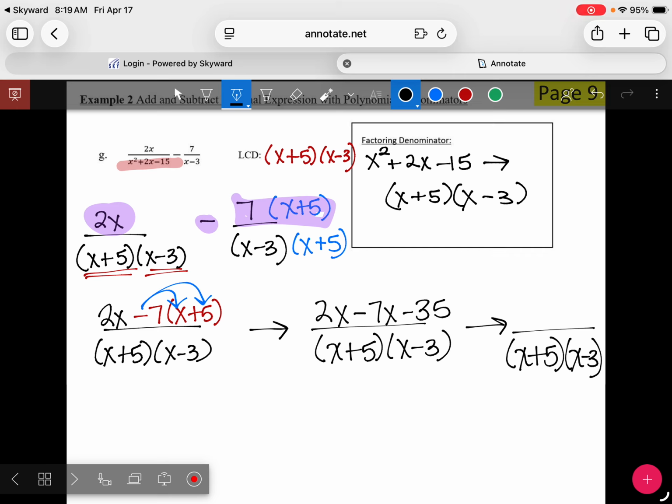So when you combine your like terms, which is 2 minus 7, you get negative 5x minus 35. And that would be your final answer.